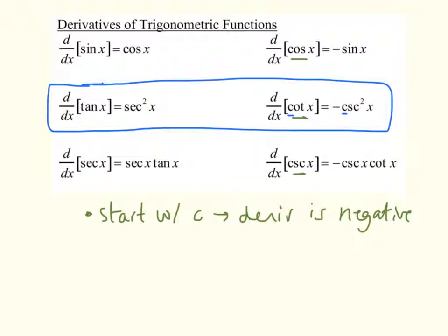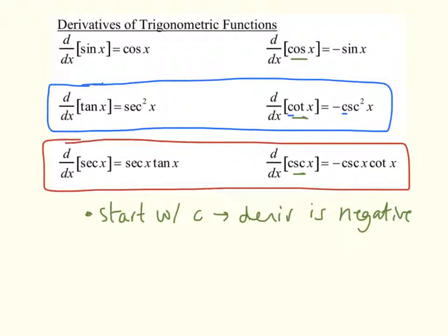Okay? And then the last pair here is the derivative of secant and the derivative of cosecant. So these you can memorize. They give you back two things, secant x tan x for the derivative of secant, and the derivative of cosecant is negative cosecant x cotangent x. You can remember that the function that you start with starts off as the first one.